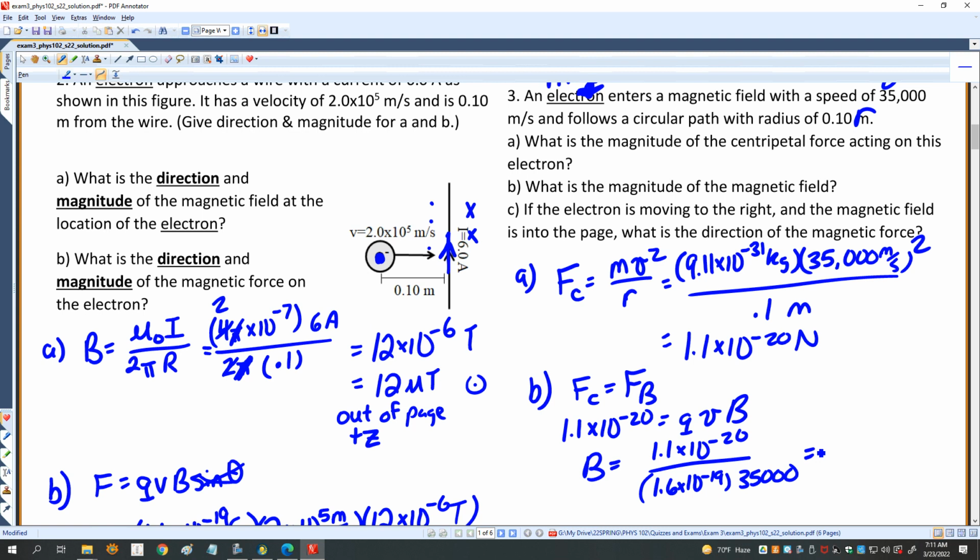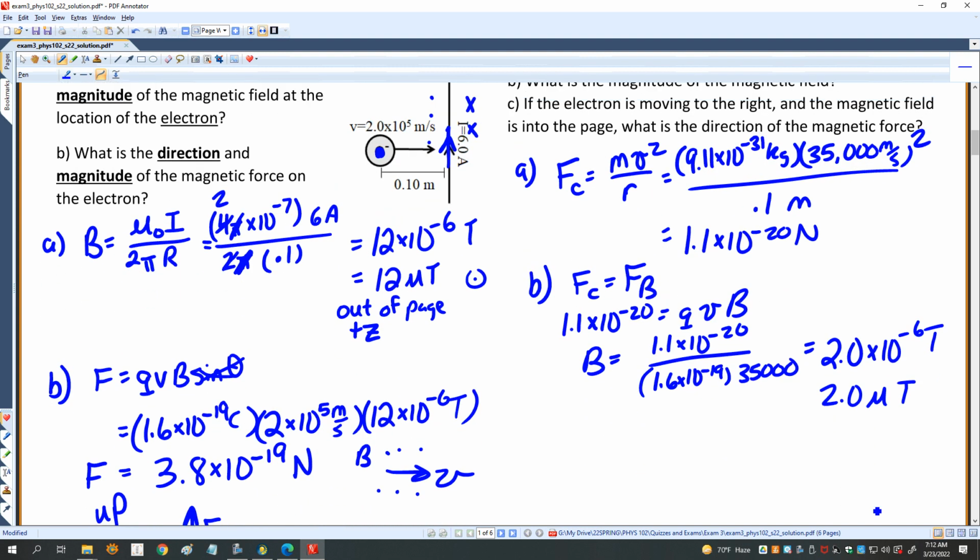So I get 1.96, or I'll just say 2.0 times 10 to the minus 6 Tesla, or 2.0 microtesla. So that's the answer for B.